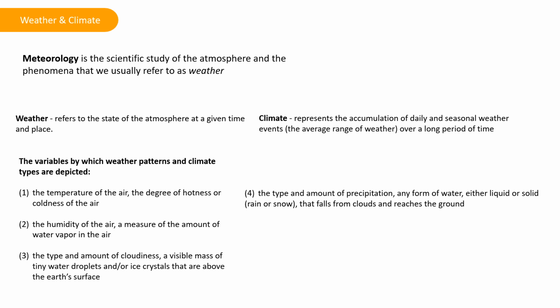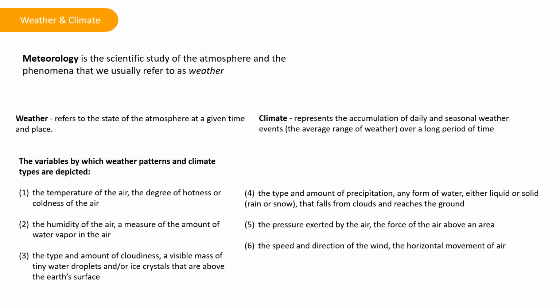Precipitation is any form of water, either liquid or solid, rain or snow, that falls from clouds and reaches the ground. And then fifth is the pressure exerted by the air.